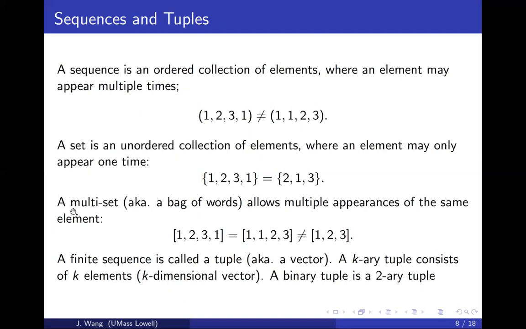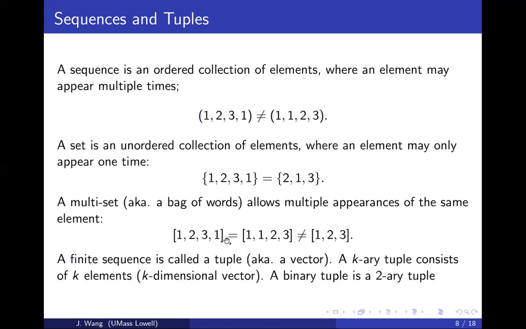In some occasions, we need to look at a different kind of set, called a multi-set, also known as a bag of words. In this multi-set, we allow multiple appearances of the same element. So let's use these brackets to indicate this is a multi-set.